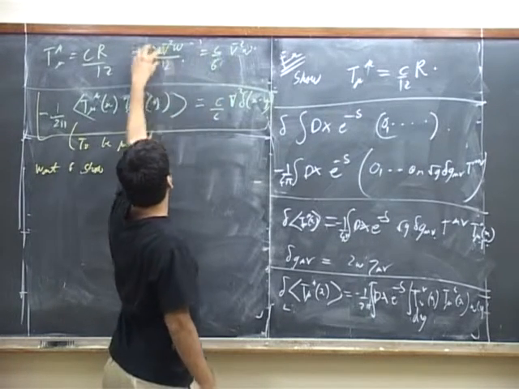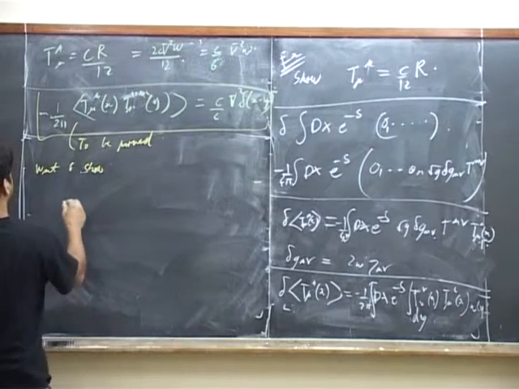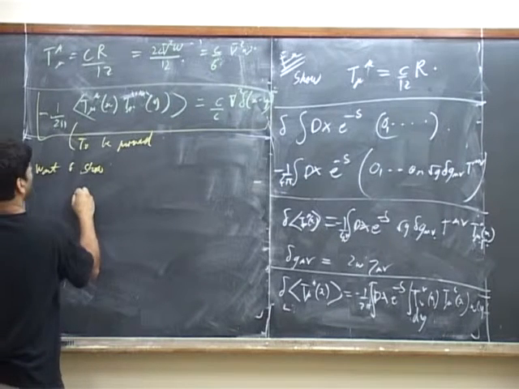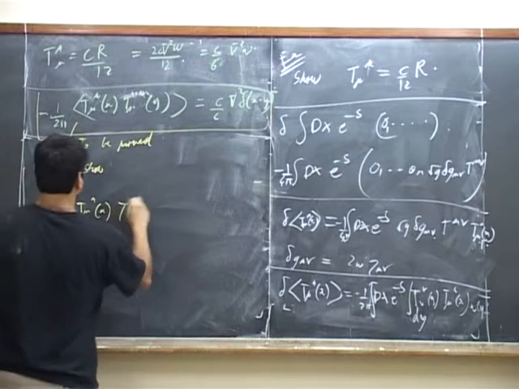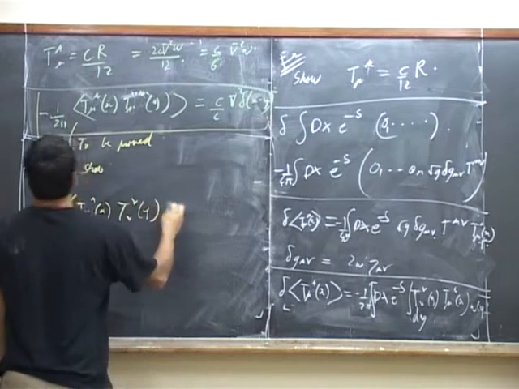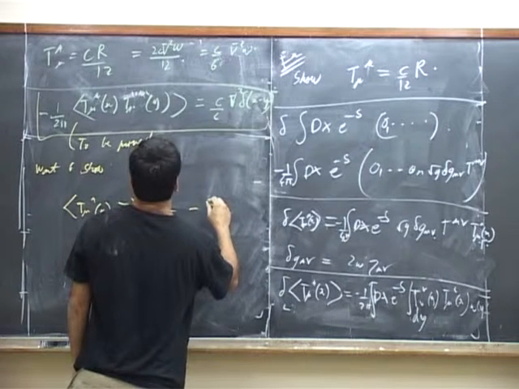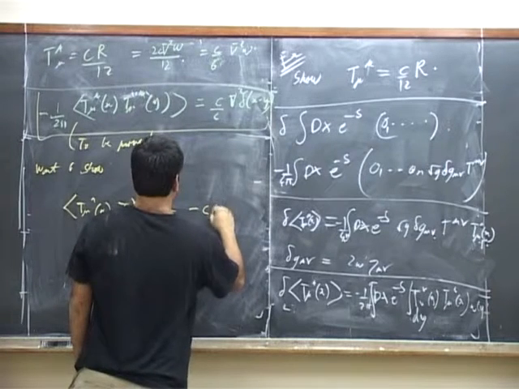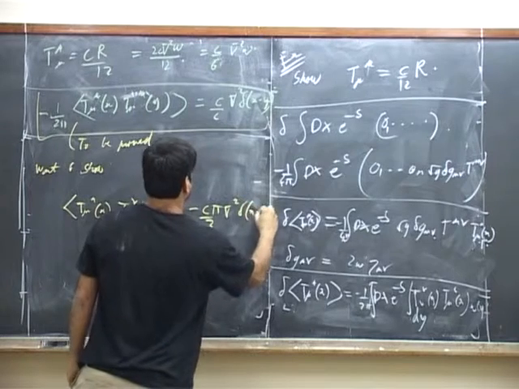That depends on some number, but I think that's right. So I could look it up, but okay, that's fine. So we want to show that T mu mu of x, T mu mu of y is equal to minus c pi by 3 del squared of delta x.